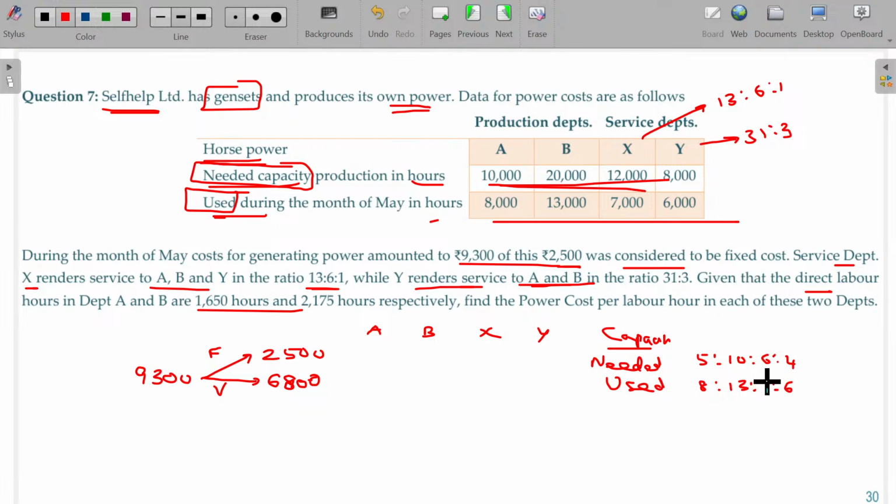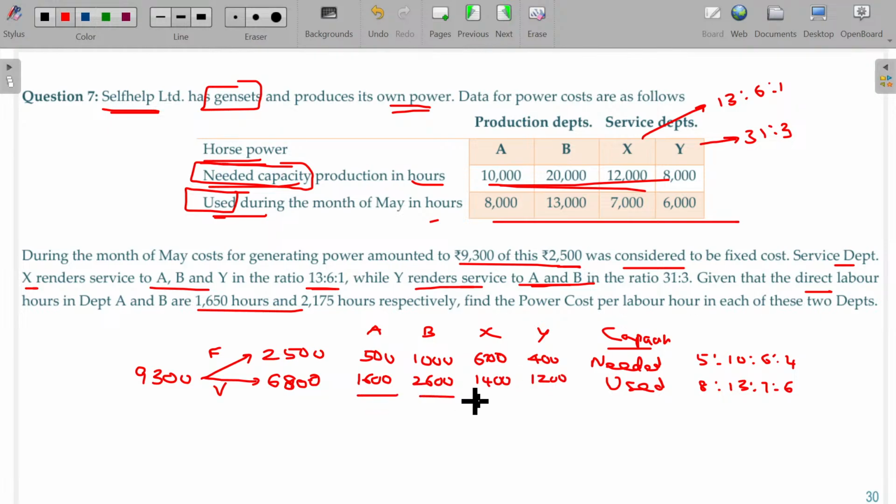In this case 8:13:7:6 is the ratio. Now as per this ratio, A will get 500, B will get 1000, X will get 600 and Y will get 400. Here 1600, 2600, 1400 and 1200.